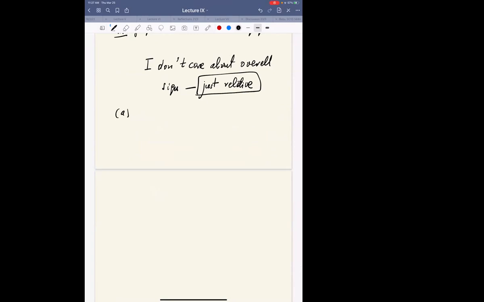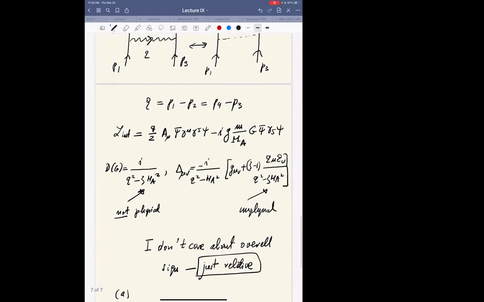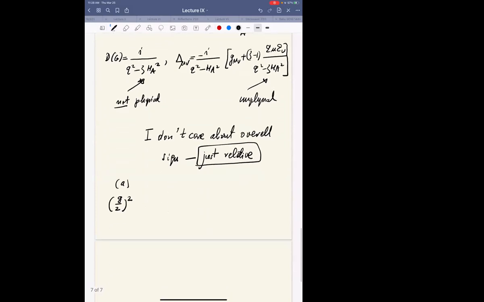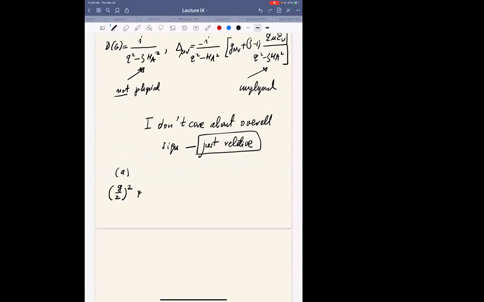So the first piece. There is g over 2 coupling, so it's going to give me (g over 2) squared. Then let's start: psi bar of p2, gamma mu, gamma 5, psi of p1.